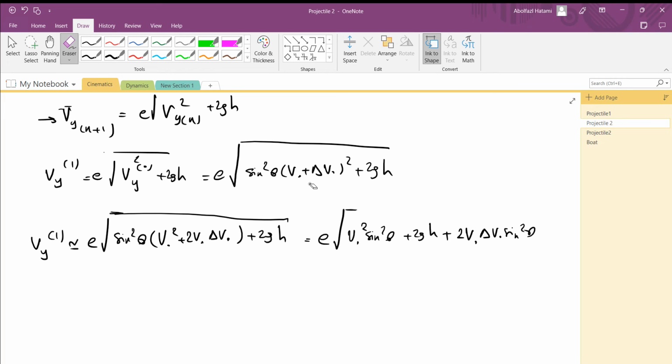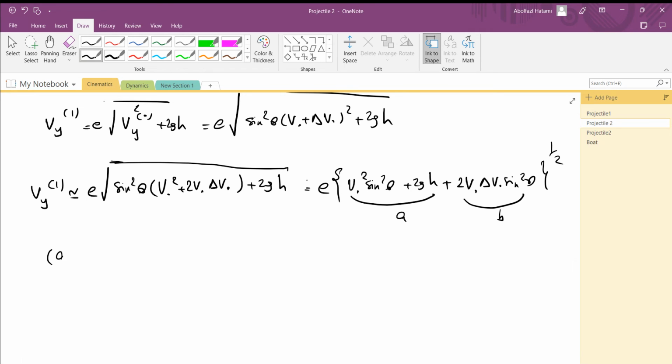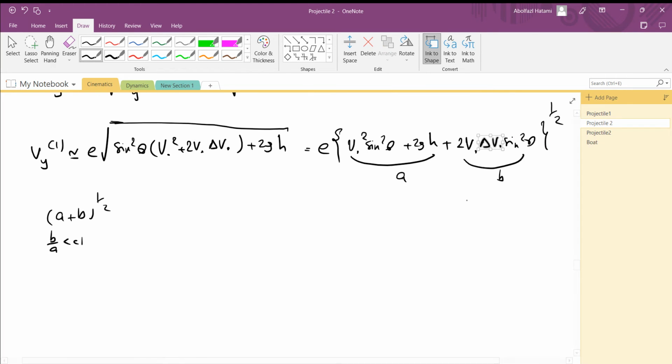And again, I can write the radical as something like this. Again, you can consider that this is a, and this is b, and we have (a plus b) to the power 1 over 2, where b over a is so small. Why is b so small? Because we have delta v0 in here, and we know that delta v0 is so small.